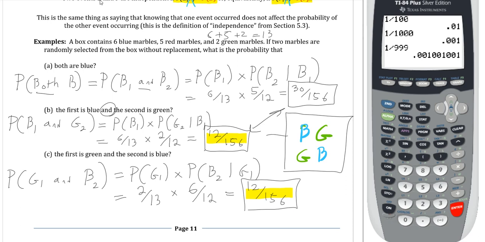Since it can happen in 2 different ways, those are 2 different outcomes that fall under the same event. So if I wanted to find the probability of 1 blue, 1 green, I would need to find both of these and add them together. The fact that they end up being the same probability is going to be a very important point moving into Chapter 6. So keep this in mind moving forward.